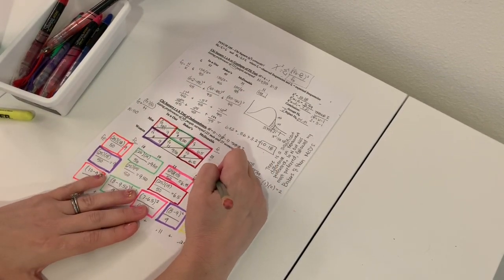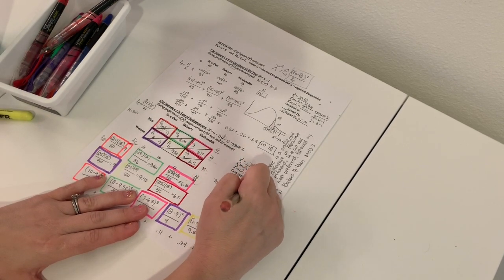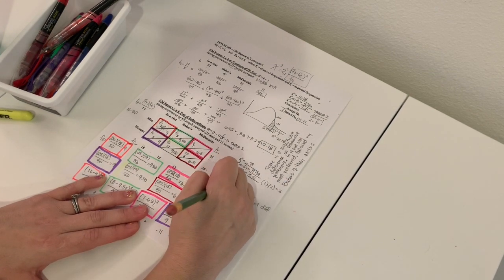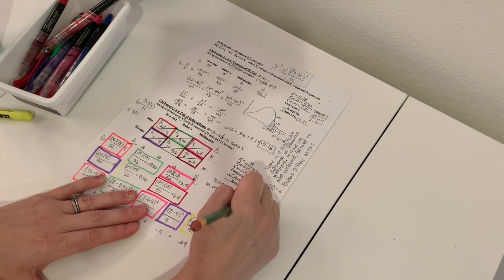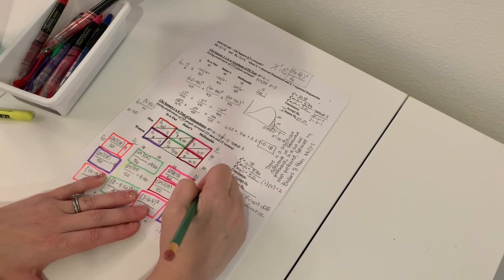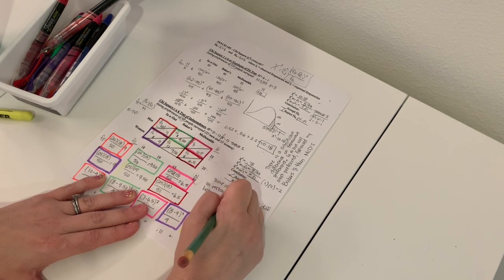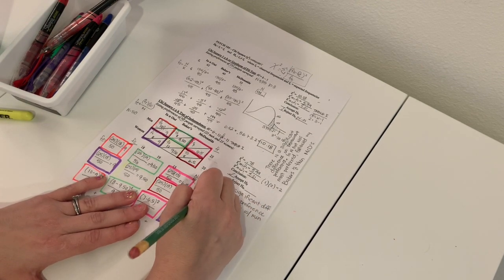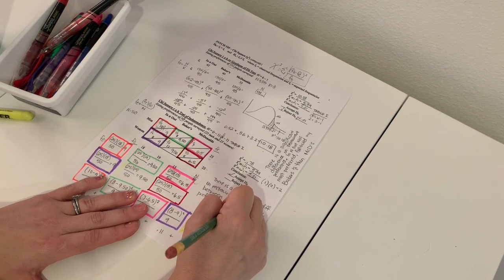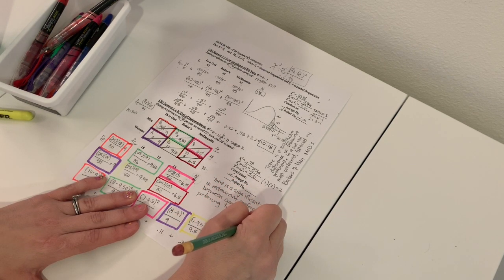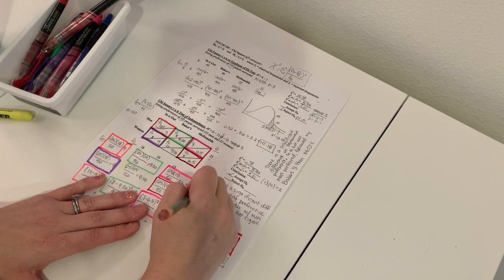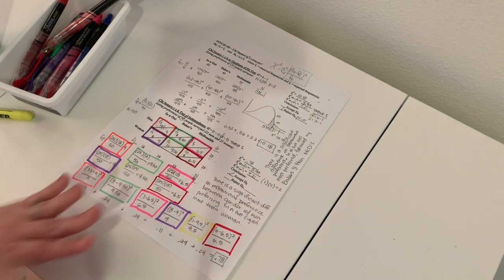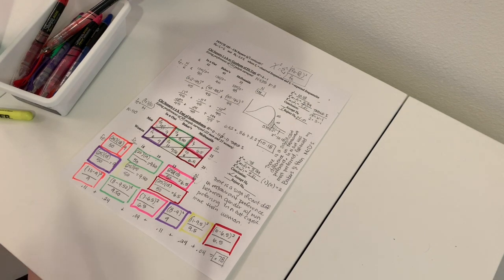But if it did, I would write, there is a significant difference in restaurant preference between gender, with men preferring In-N-Out significantly, you know what I mean, significantly more than women. Okay, and that is the Chi-Square worksheet.